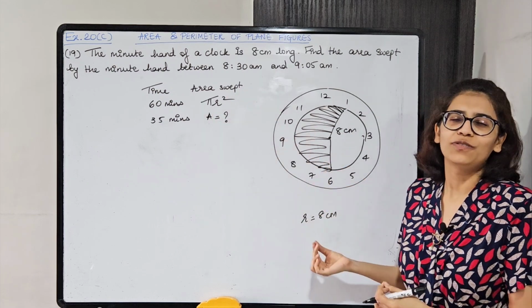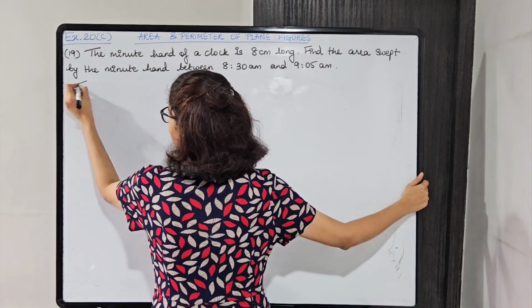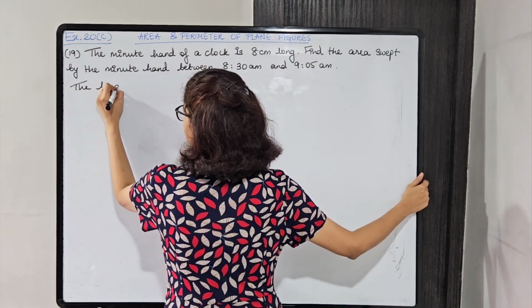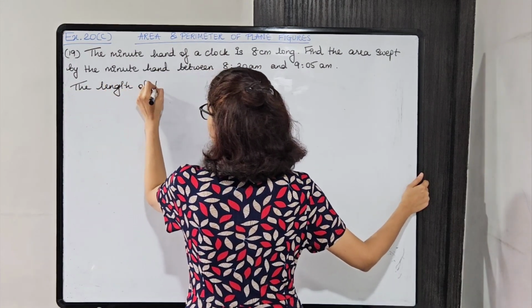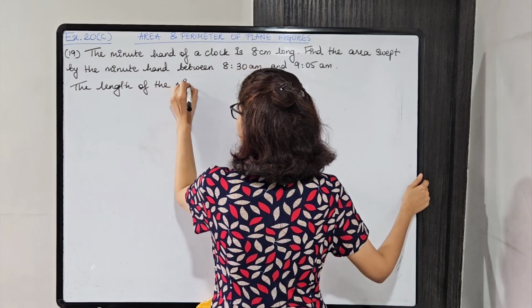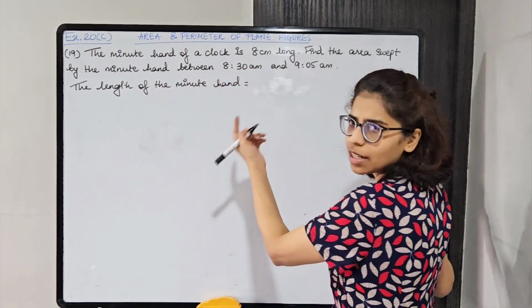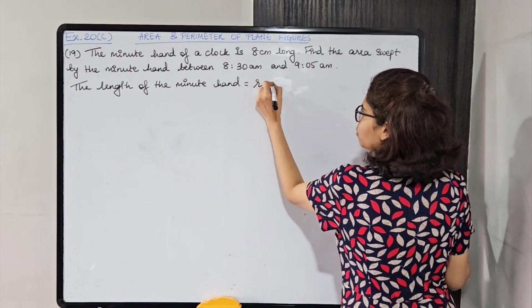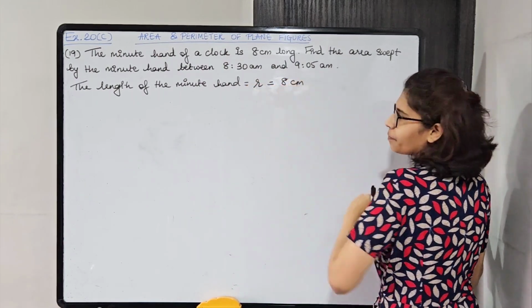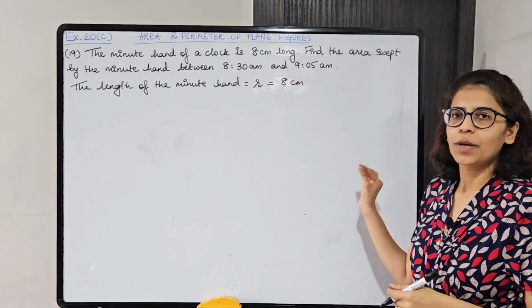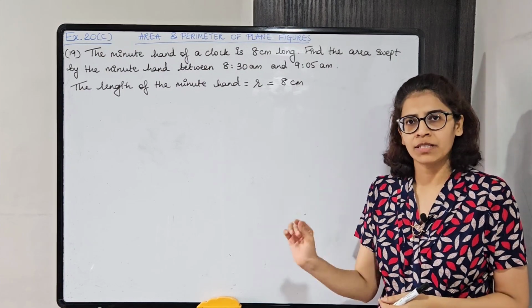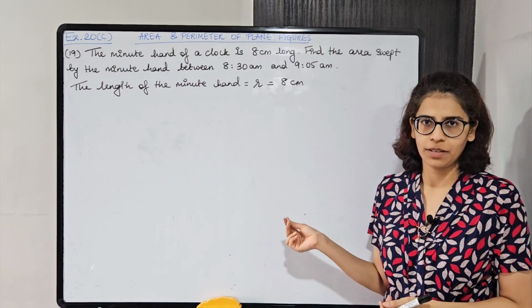So let us solve now with proper steps. The length of the minute hand acts as a radius over here, so it is r, which is 8 cm. The area swept by the minute hand in 60 minutes, that is 1 hour, will be pi r square, right?